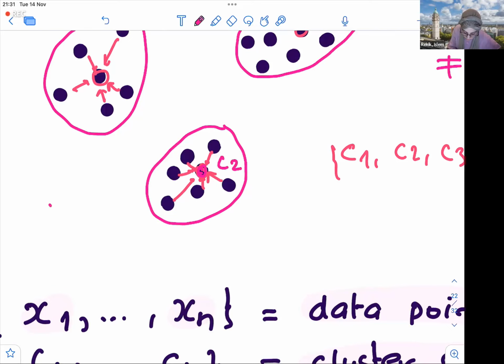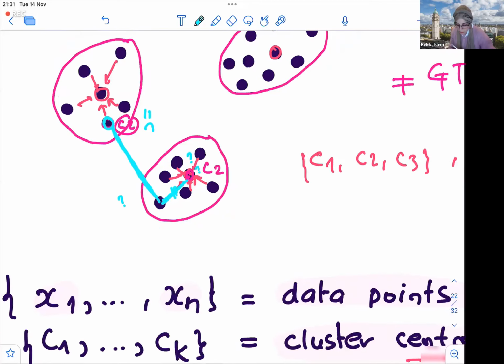But if my estimation of C2 is right here, what do you guys notice? That the distance between my point xi and C2 is very large compared to this distance, right? So basically we are in a very bad optimum, which means this center is not really good. It doesn't minimize my distance to the center of the cluster that I am searching for.